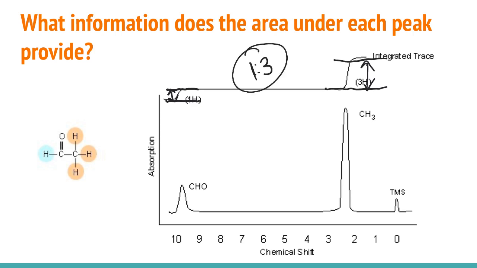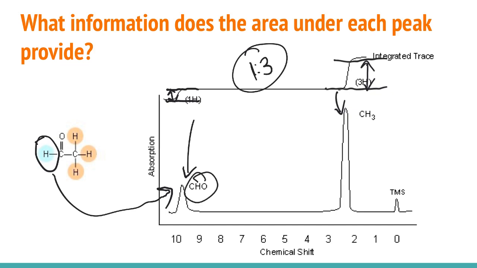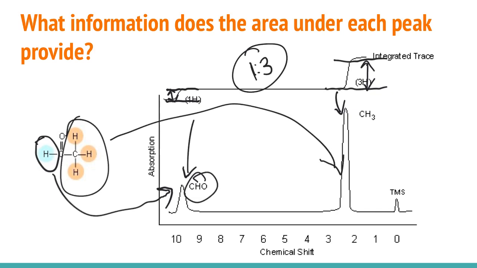What that means is that for every 1 proton in this peak, you're going to have 3 protons in this peak. So it does give you a little bit more information about the structure. That corresponds nicely with the structure of ethanol given here, right? Because you have 1 proton that's in the aldehyde group, and then you have the other 3 protons which are part of the methyl group.